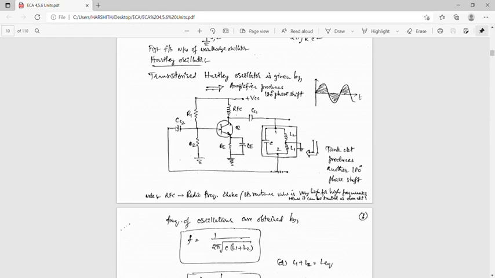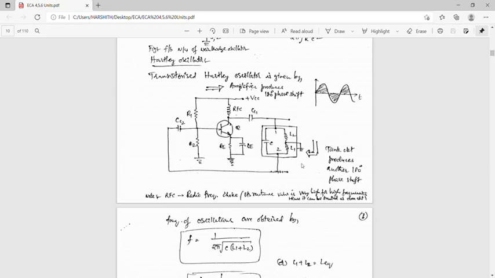The common emitter amplifier introduces the phase shift of 180 degrees. This amplifier section produces the 180 degrees phase shift as the emitter is grounded; the base and the collector voltages are out of phase by 180 degrees. As the center of L1 and L2 is grounded, the upper end becomes positive and the lower becomes negative, and vice versa.